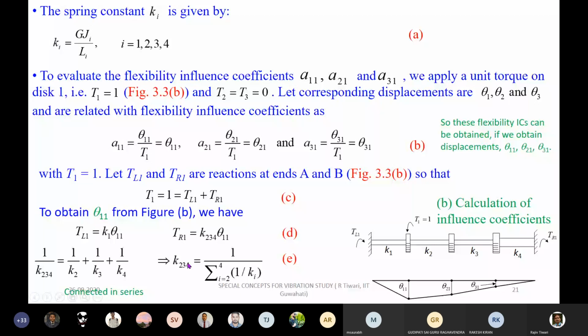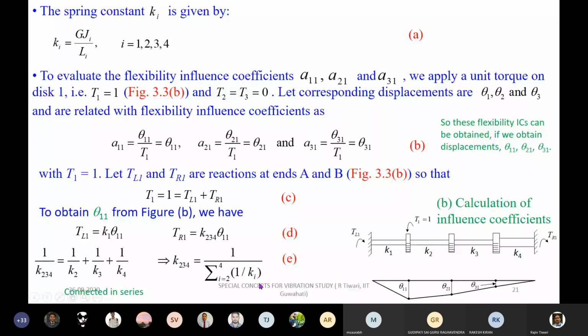The summation is from 2 to 4 because we are taking from the right of the disk 1, so 2, 3, 4 summation. So we related the reaction torque at left and right with theta 11, and the stiffness is related like this.